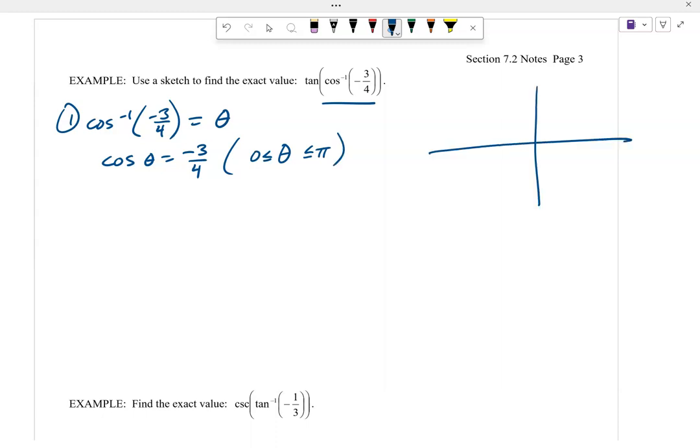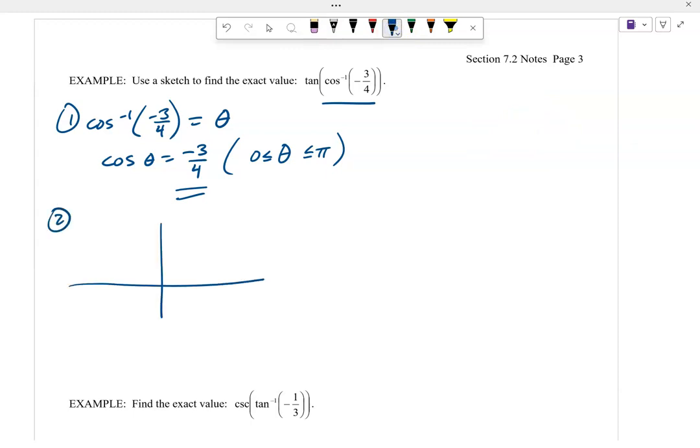So when I draw this, I'm either going into quadrant 1 or 2. Well, if the cosine's negative, the x value, then I've got to be in quadrant 2.